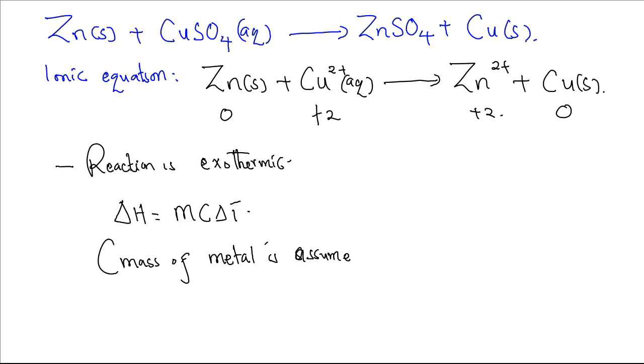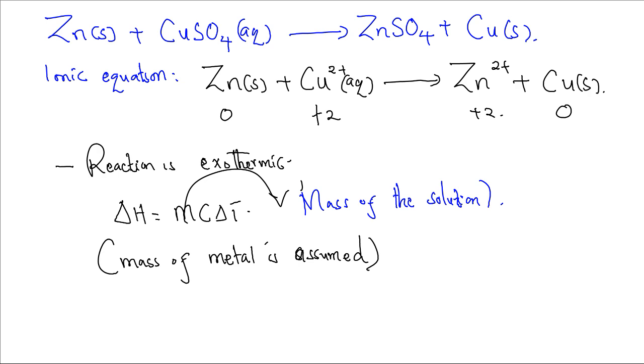So when you are talking about m, then fully it will be mass of the solution. Meaning, if you are using copper 2 sulfate as a solution, then there is full assumption of the mass of zinc powder that is added.